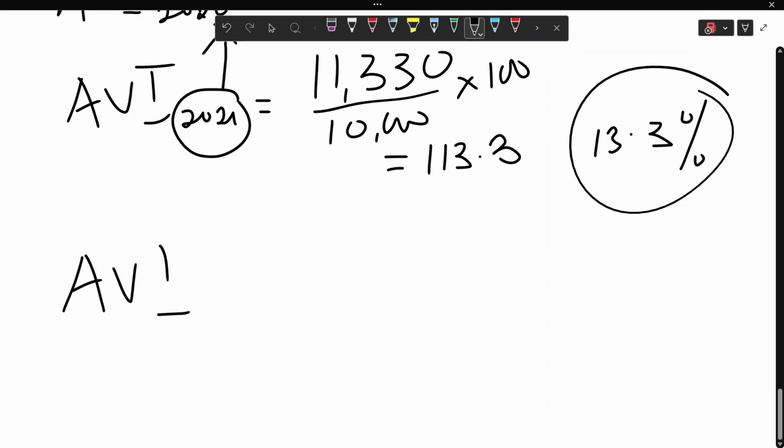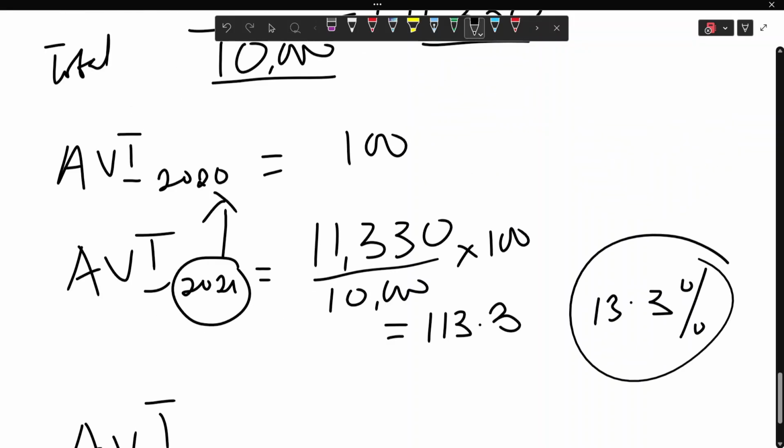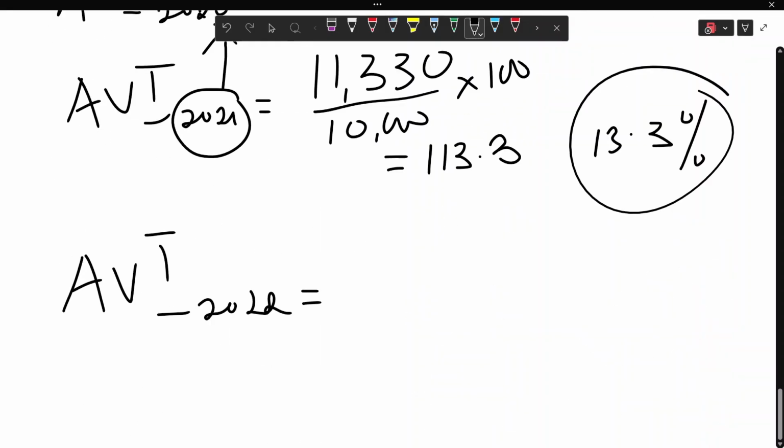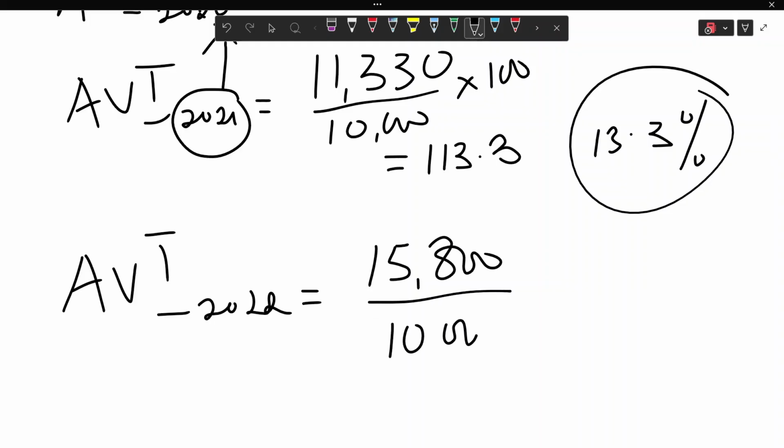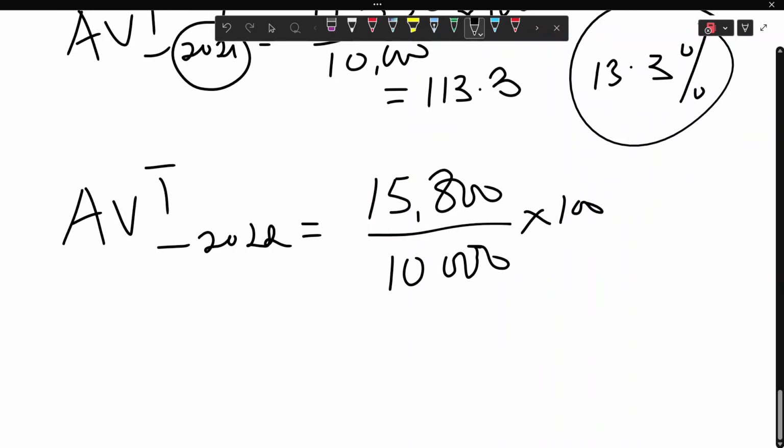Aggregate value index for 2022. So for 2022, we had a value of 15,800 divided by the base year aggregate value, multiplied by 100. 15,800 divided by 10,000 times 100, 158.